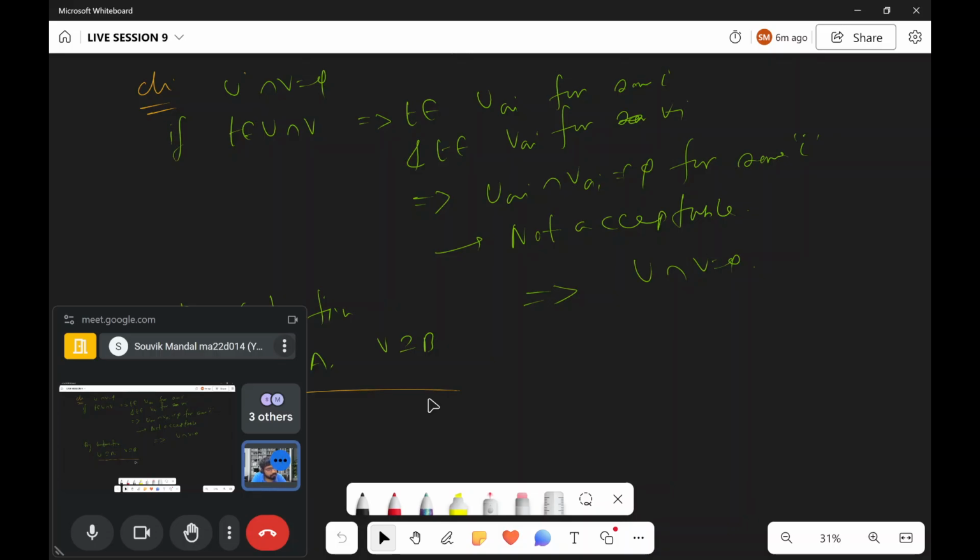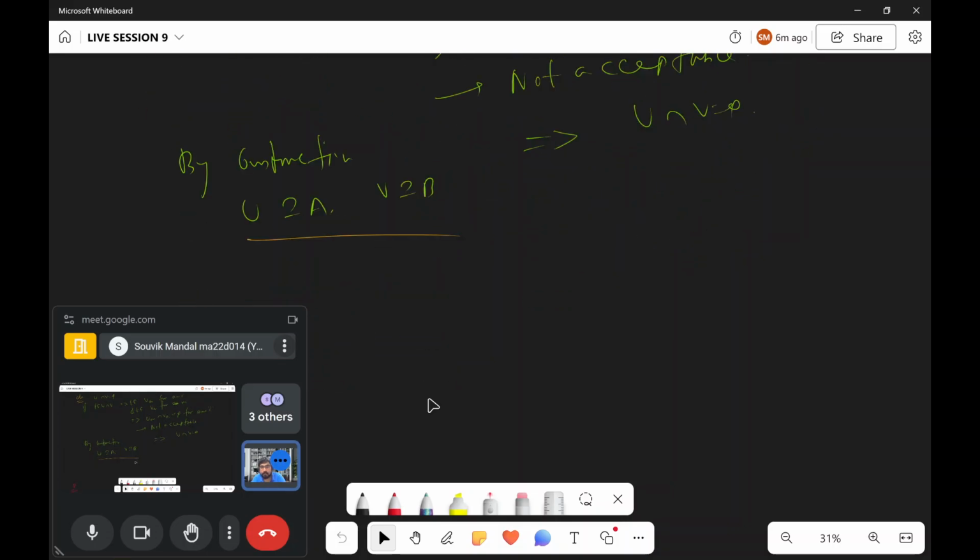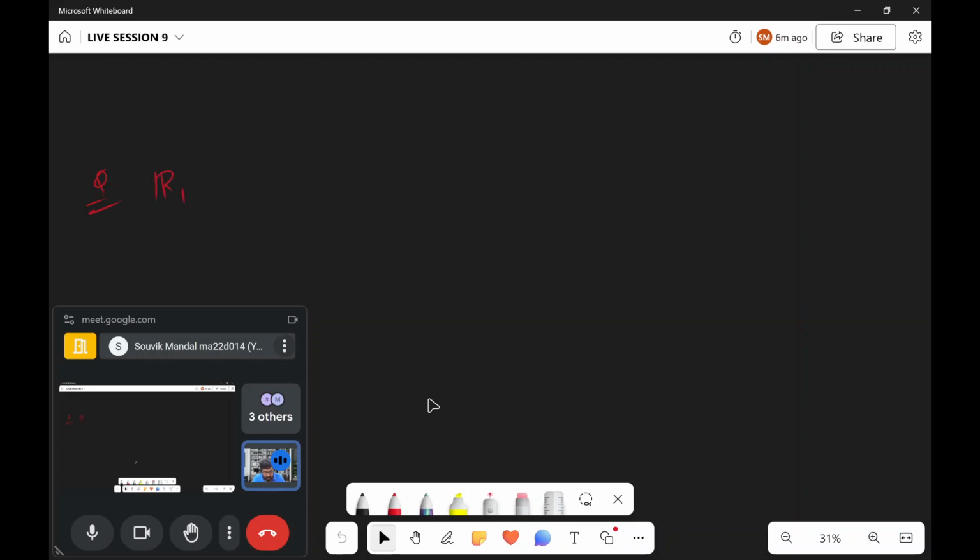Now, the next question is that R_K, that is, the K topology, is connected or not? Of course, it is connected, but show that R with the K topology is connected.